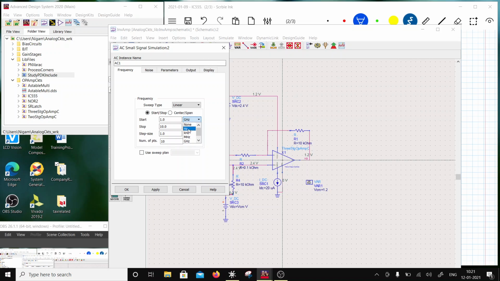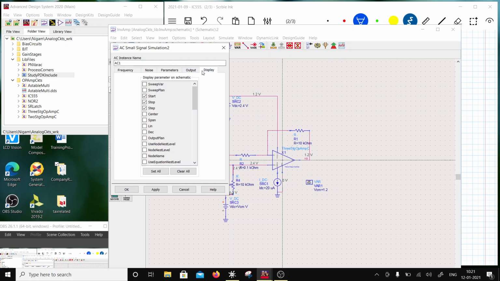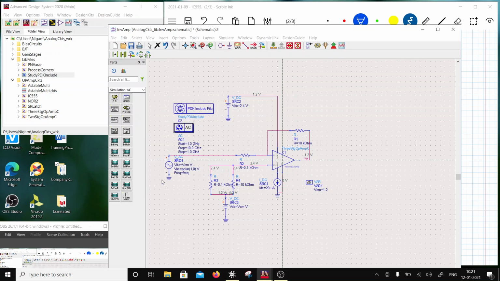So I'm going to go from 1 Hertz to 10 gigahertz log, and I want to put 80 points per decade. And in the display, start, stop, and decade is what I'm going to do. So this is my AC simulation. This is all set, and I'm going to hit simulate.